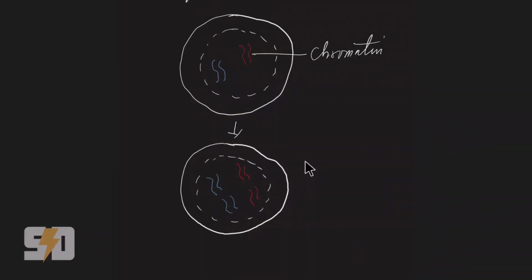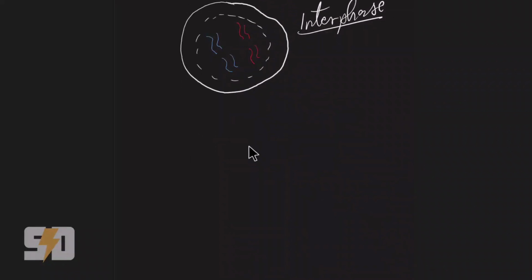This is basically the interphase stage. So at this stage, even though it is called the resting stage, this is where duplication of the chromosomes occurs. Then after the interphase stage, we are going to move on to the next stage, which is the prophase.